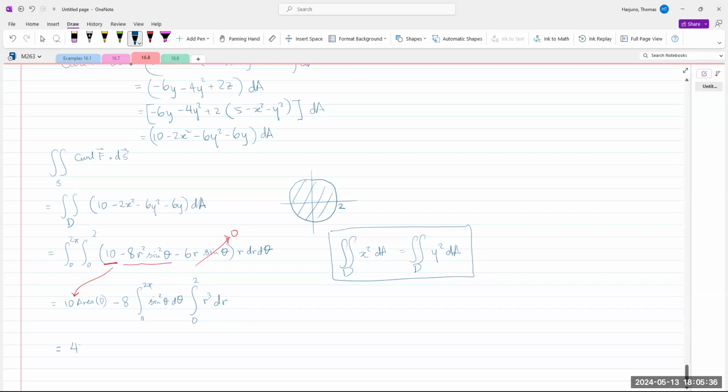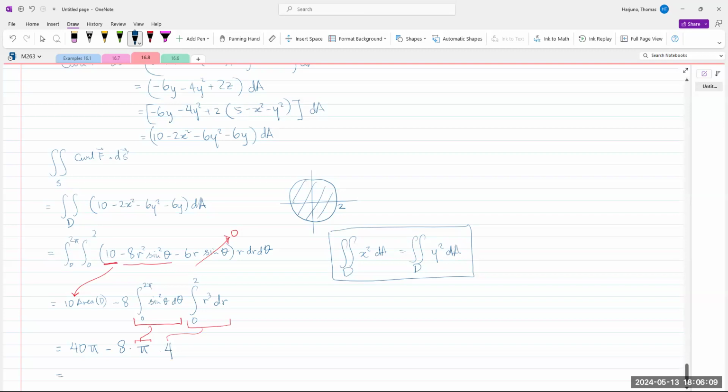So this is 40 pi minus 8 times pi, which gives us pi, you can check that, times 4, since the r cubed integral gives 4.